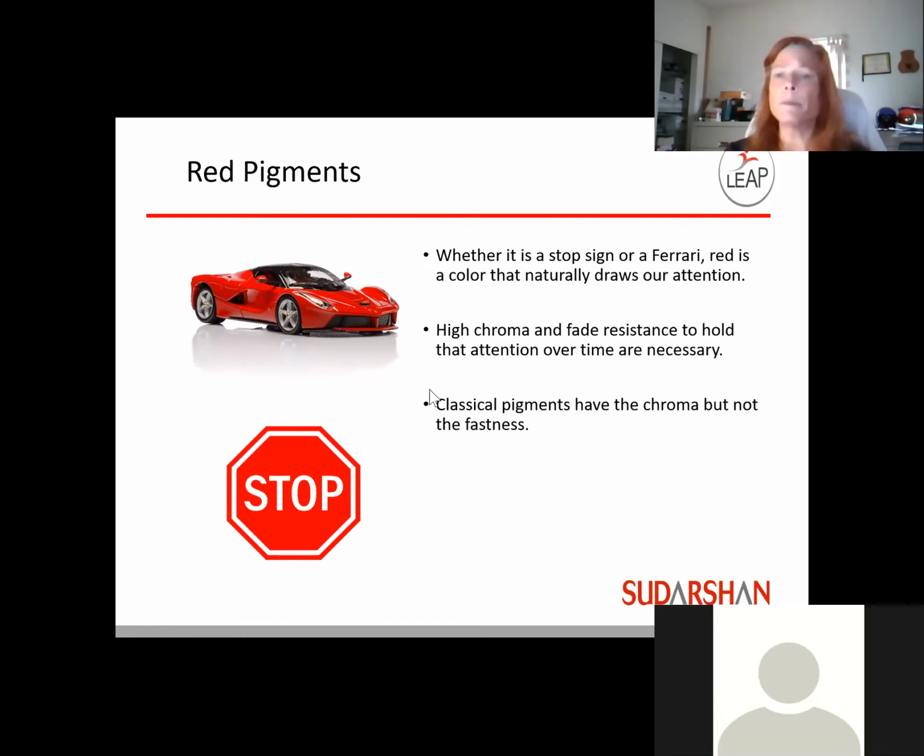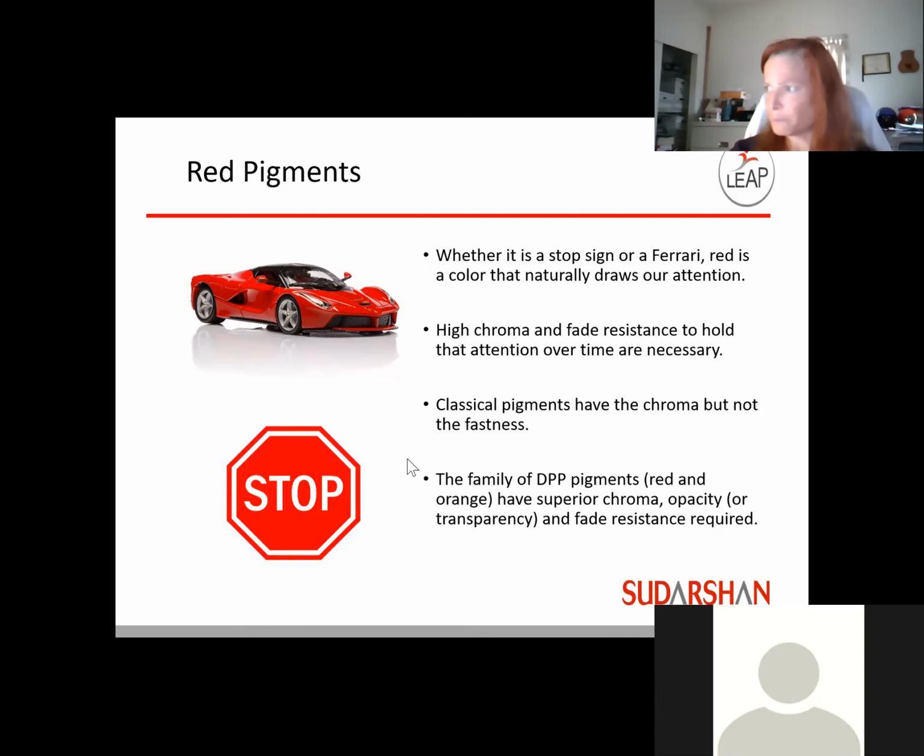The classical pigments typically have the right chroma, but they don't have the fastness properties that are required of exterior pigments.